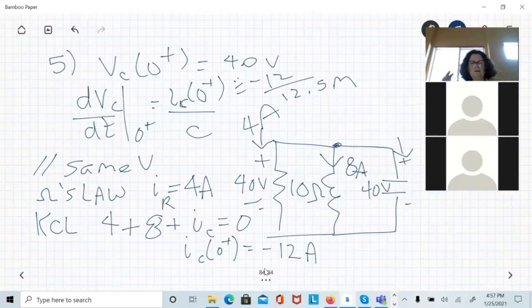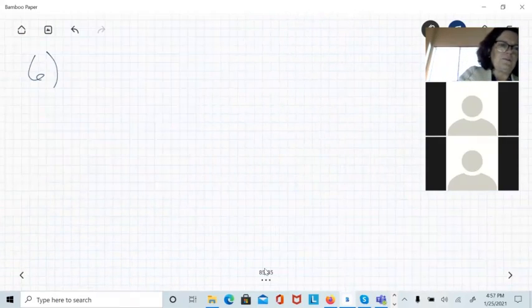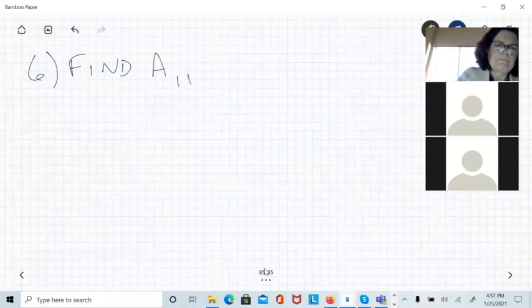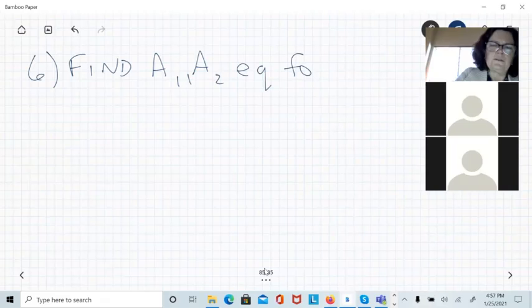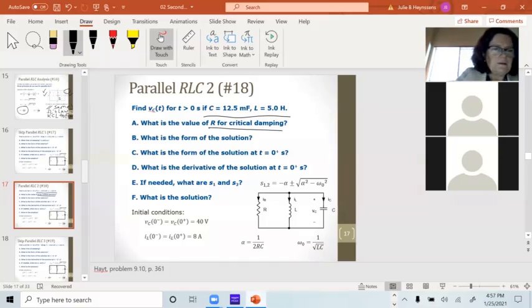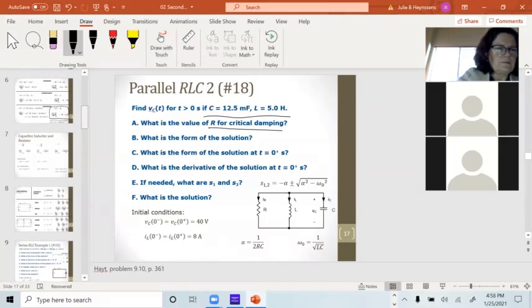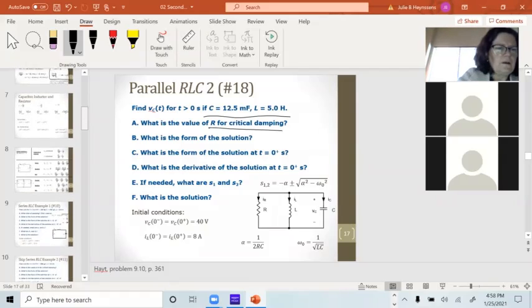Okay, now I've got to go back and find the equations for A1 and A2. In this case, we're critically damped. So I go back to my PowerPoint, 18. You can tell this just throws me. I love transistors. I love the second half of this class.